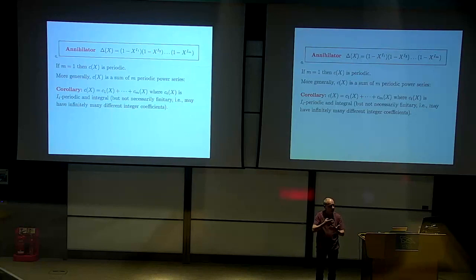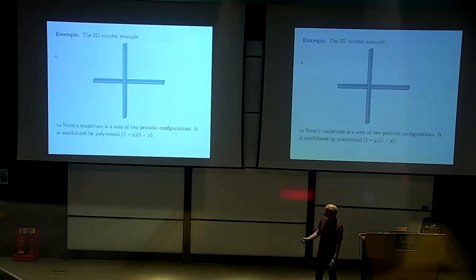But these periodic guys might actually be over infinite alphabets. That's a kind of drawback here, something you have to take care of. They are not necessarily a finite number of different coefficients. You might have an infinite number of integers in your periodic components.